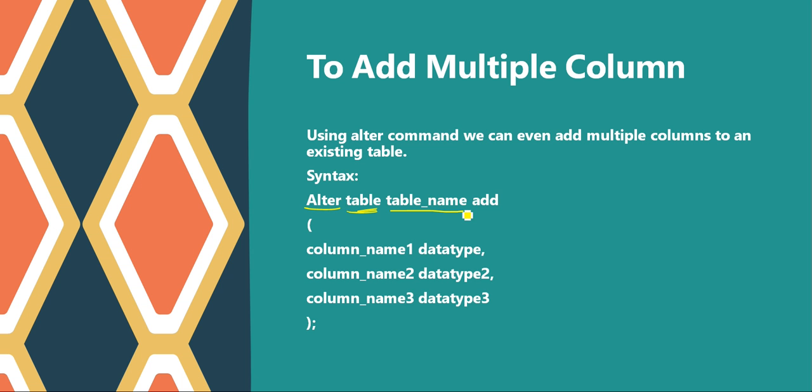Which table? You need to specify the name of the table. And then what do you want to do? I want to add one more column, so you need to write add here. And inside this you need to specify all the column names which you want to add. For now we only want to add one column, the address column.